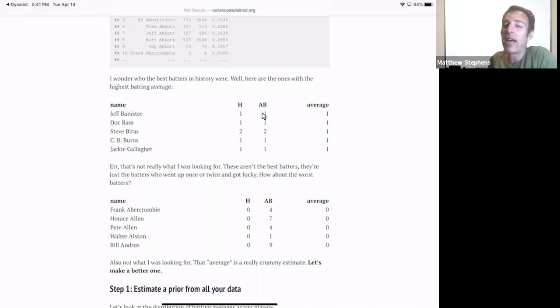These are the batters that had a very small number of at-bats and just happened to get a hit. Whereas at the other end, looking at the ones that have the worst batting average, they're also the ones that had very, very few at-bats and happened to have no hits.